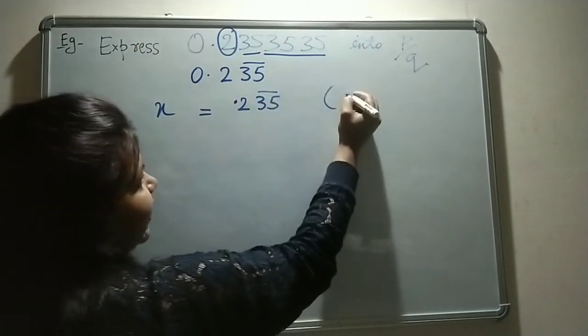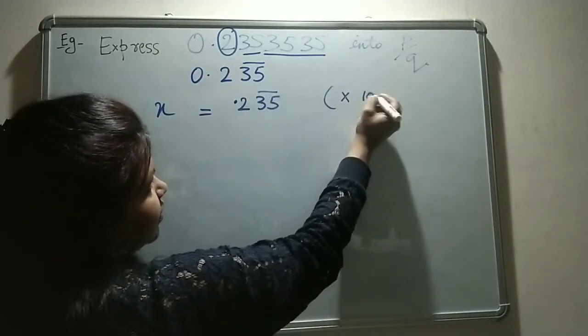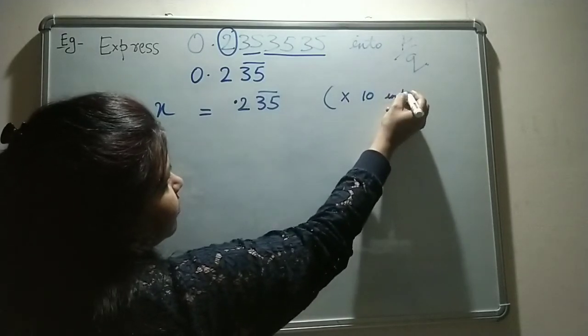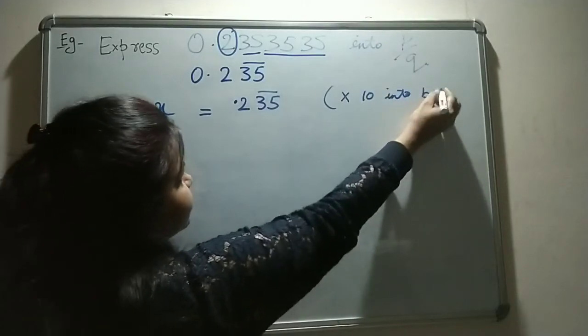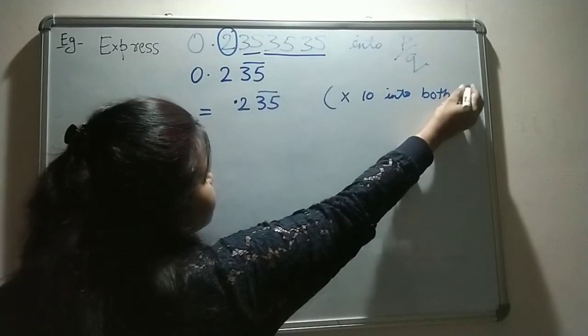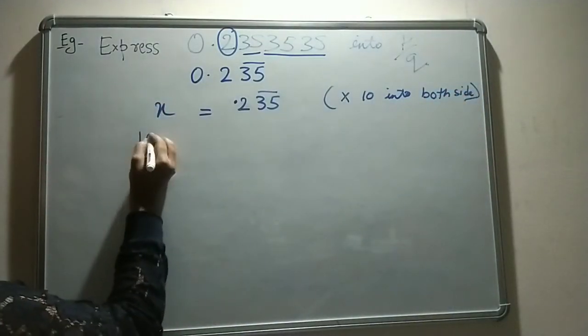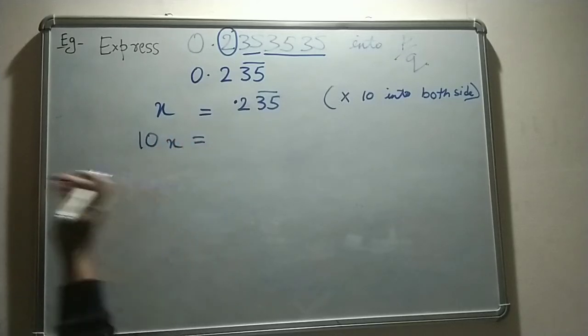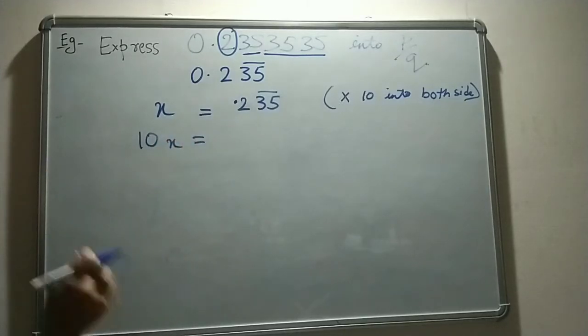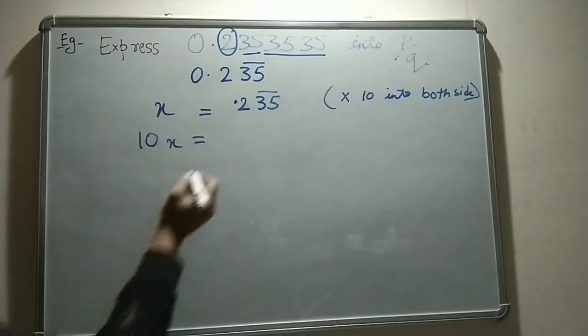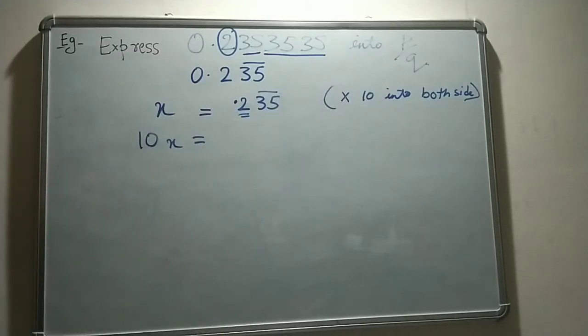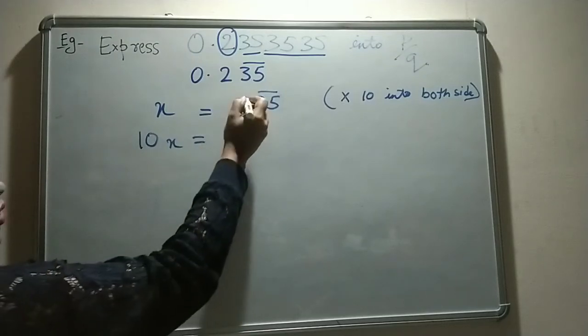Now we multiply by 10 on both sides. Why are we doing so? Because we want a proper string after the decimal, but 2 is not allowing it to be a proper string, so we have to take it out.